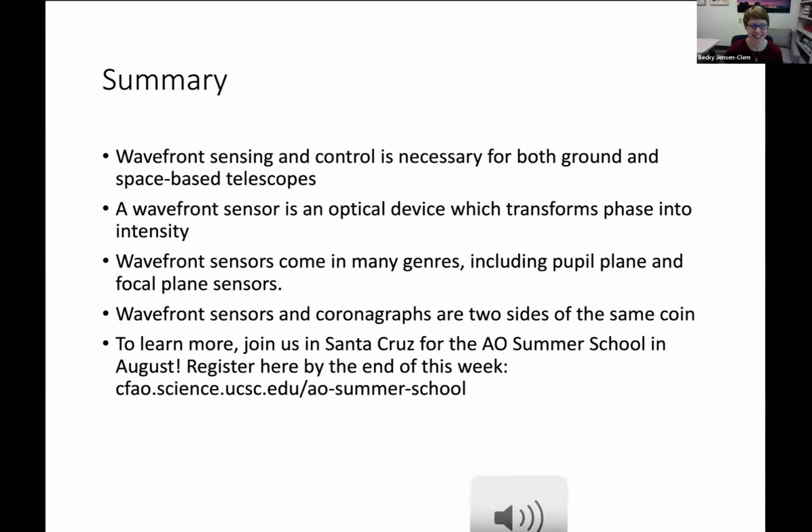Hi, Becky. It's Eva, Paris Observatory. I wanted to ask a question because you put one specific point on your summary slide, which is the wavefront sensors and the coronagraphs being two sides of the same coin. Incidentally, both you and David Doelman, who talked about coronagraphy yesterday, showed one particular concept, which is about making a focal plane optic that acts on the phase in your focal plane, except you showed the Zernike wavefront sensor and David Doelman showed the Roddier and Roddier coronagraph.